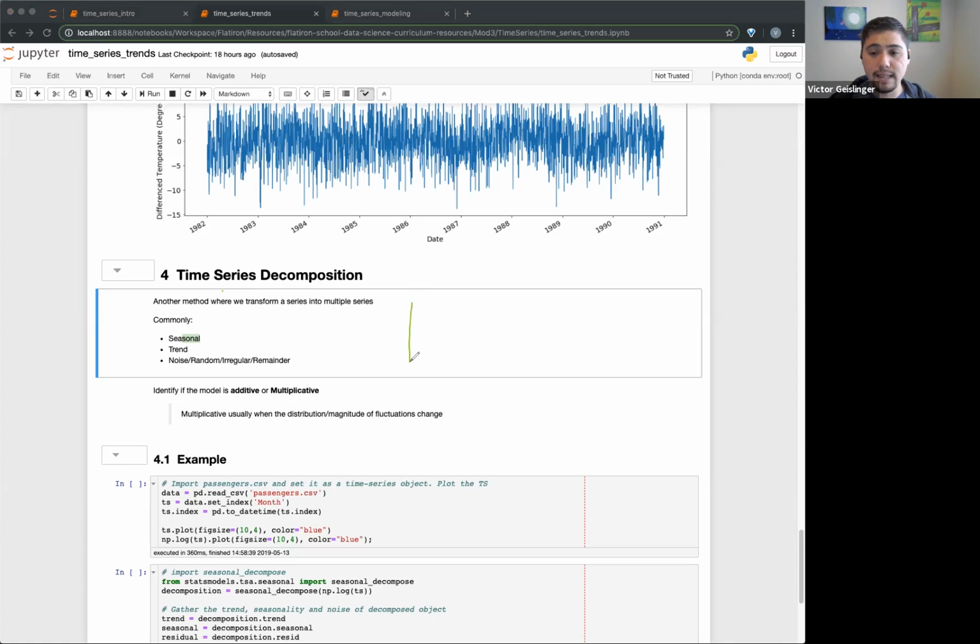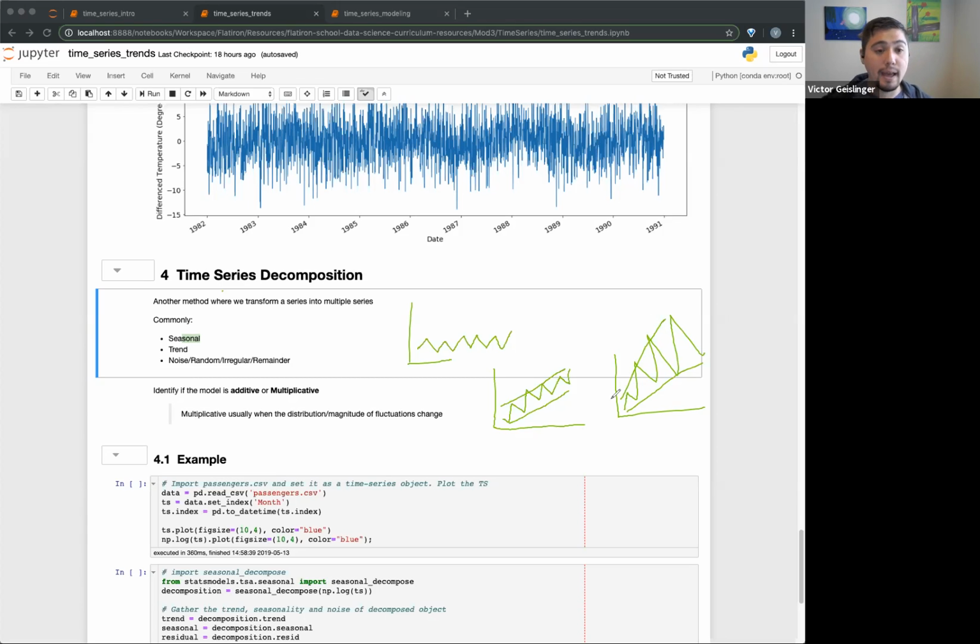So additive tends to look like, if this is not multiplicative or additive, you have something like that, just a kind of period, but you'll have something kind of like this for additive. So it's about the same fluctuation each time, but with multiplicative, when we have that part, we have more like something like this, and you can see that part is getting larger over time, or smaller in some cases, if it's a smaller than 1 kind of deal.